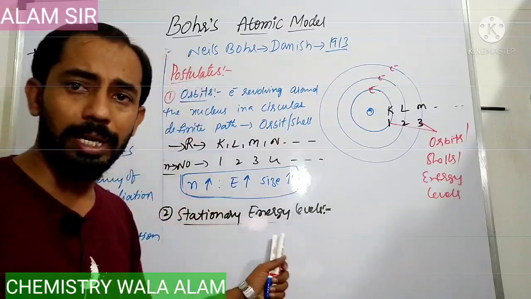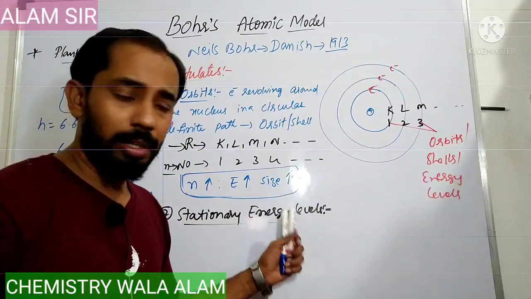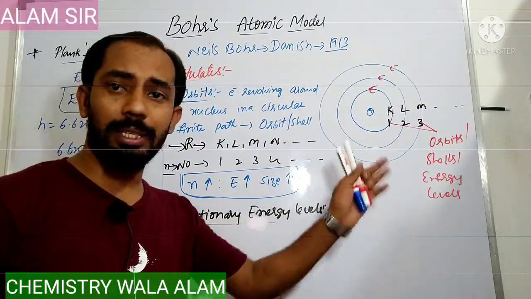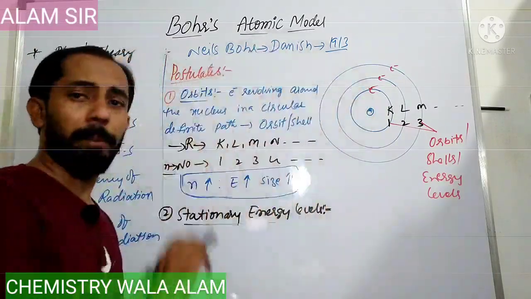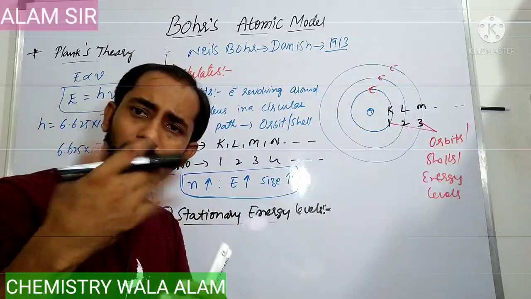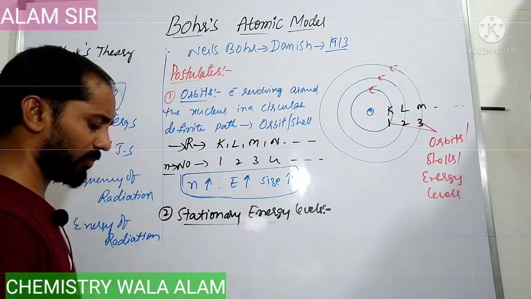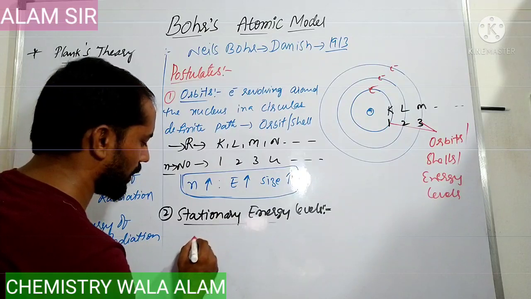Here Bohr explained why the electrons are not losing energy. Niels Bohr said that when an electron is revolving in a particular orbit or shell, it neither loses energy nor gains energy. That means the energy is constant.